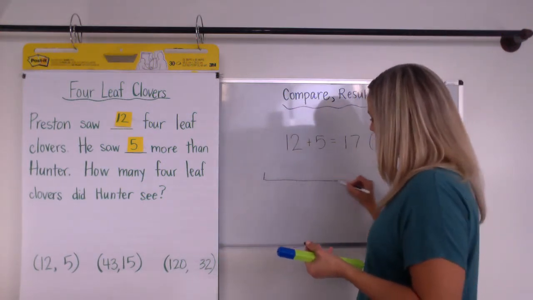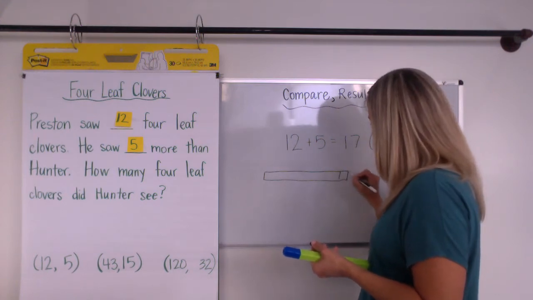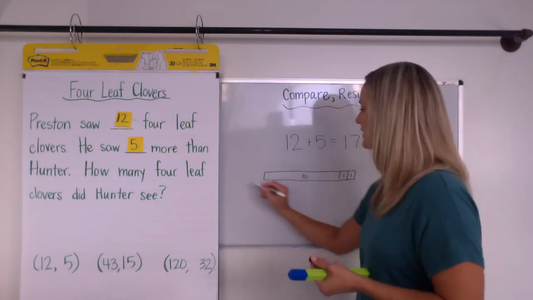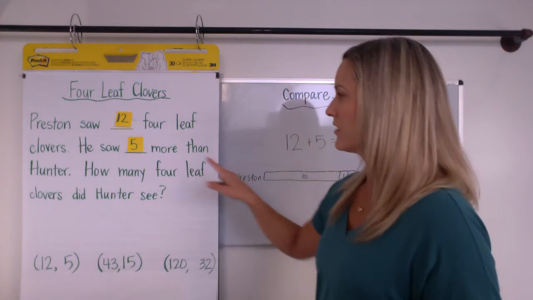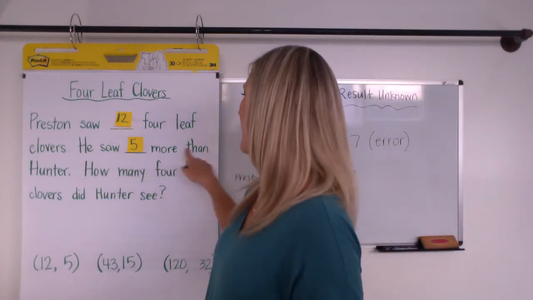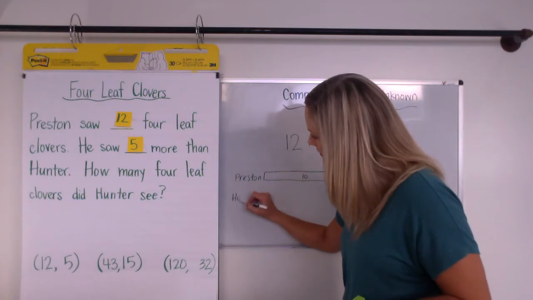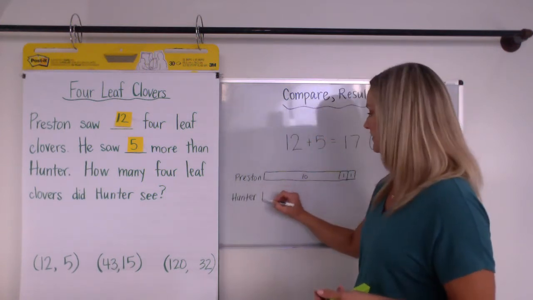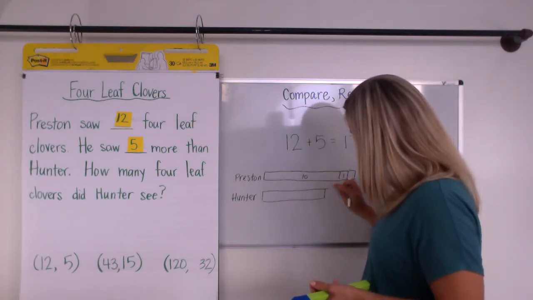So maybe they do this for a 10, 11, 12. So 10, one more and one more. That's Preston. And we know that he saw 5 more than Hunter. So Hunter is going to have fewer. We just have to figure out what that total would be, right?